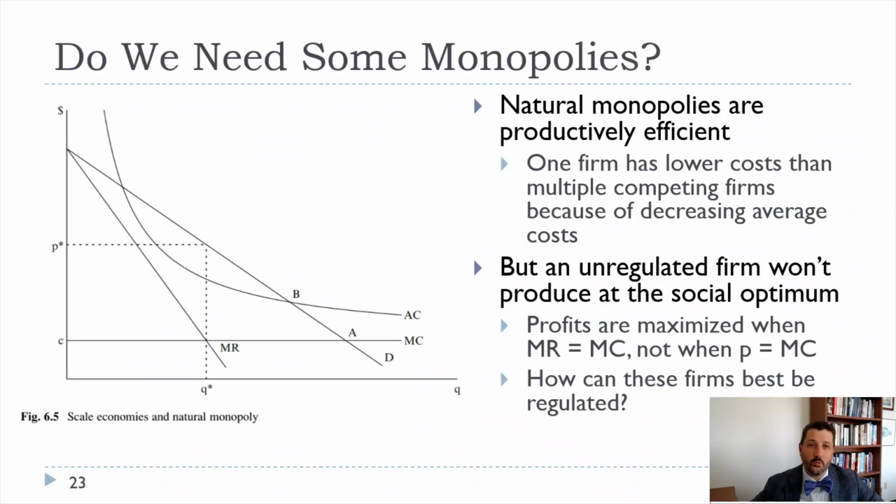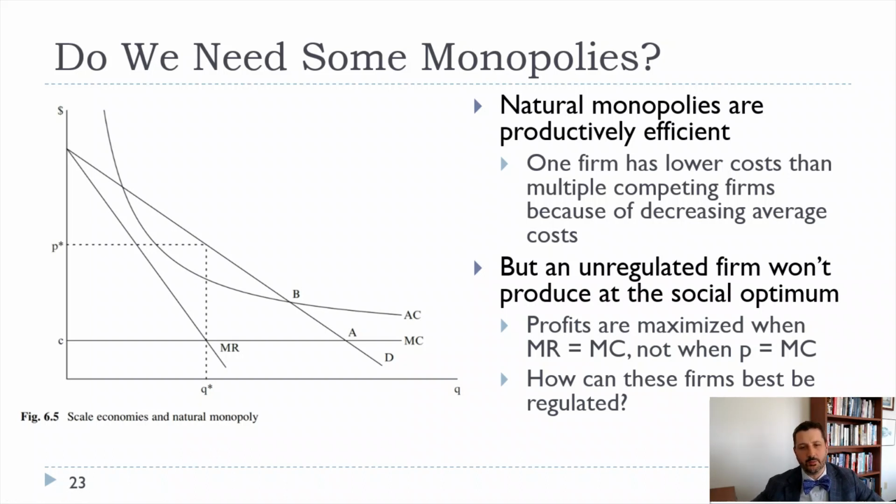So one area that we talked about in that first video was when there's an economic or cost barrier to entry. And we said that in this case, we get a downward sloping average cost curve, where it's always cheaper for one firm to produce than for multiple firms to produce.